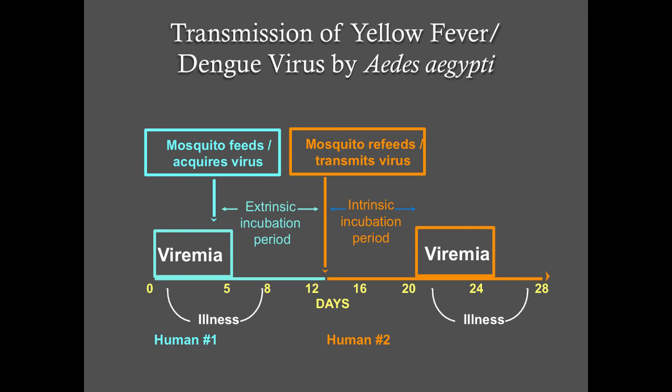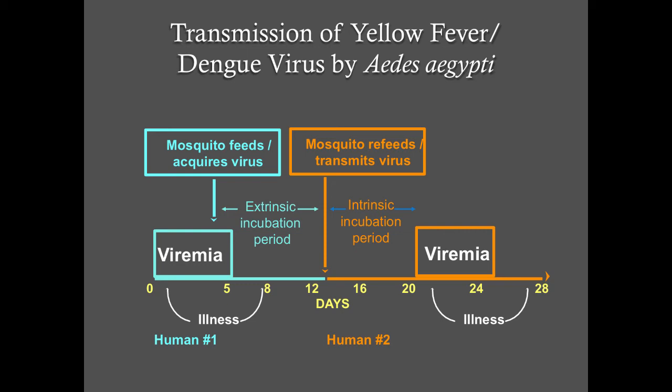So further work, not all of it involving human subjects, but some, has shown that the thing works this way. So you have a human who has yellow fever. There's a period of viremia where the virus is circulating in the blood. During that period, which overlaps but is not entirely defined by the illness, the mosquito, if it were to bite the victim, will acquire the virus.